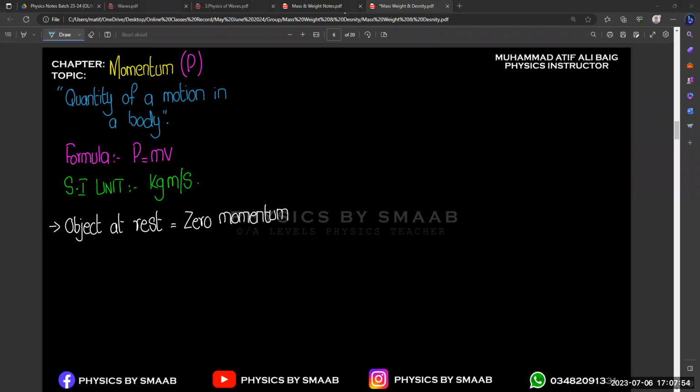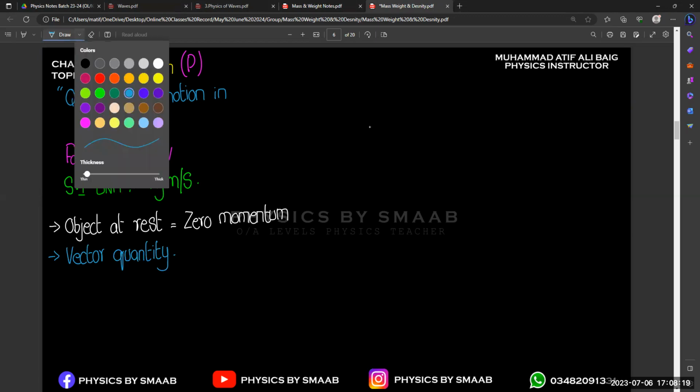Momentum is a vector quantity. In a vector quantity we need to find the direction also, and in the formula we are not writing any specific direction, so there must be some specific direction.